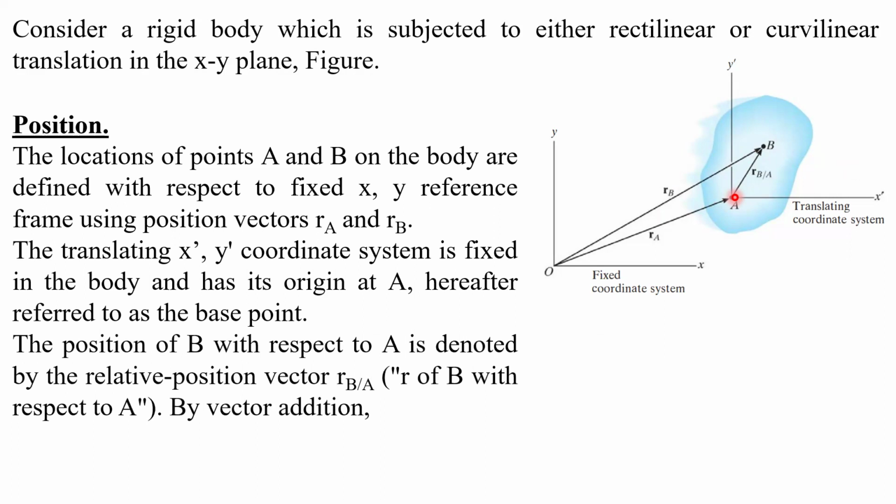The position of B with respect to A is denoted by the relative position vector RB slash A, that is, R of B with respect to A. By vector addition, RB is equal to RA plus RB slash A.